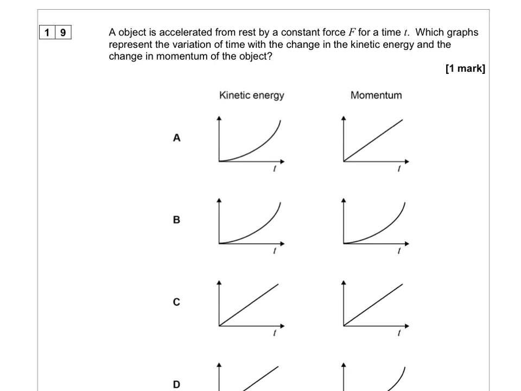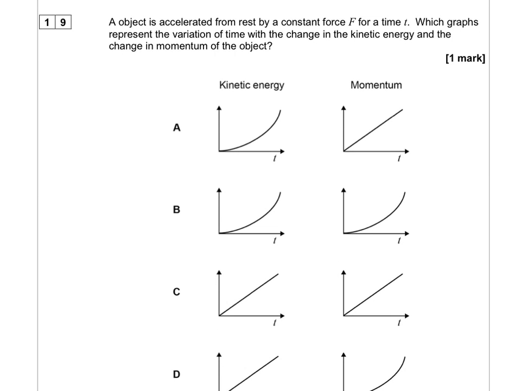Question 19. An object is accelerated from rest by a constant force F for a time t. Which graphs represent the variation with time of the change in the kinetic energy and the change in momentum of the object? Okay, so let's think about the two equations. So kinetic energy is half mv squared, whereas momentum is just mv.